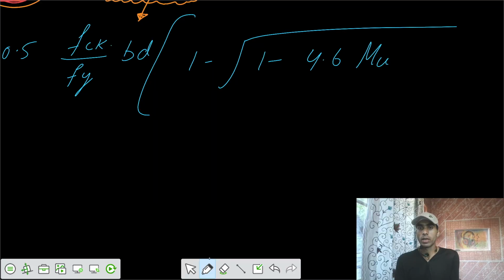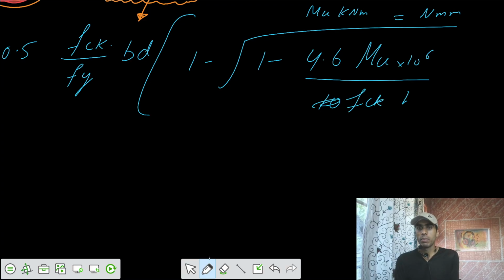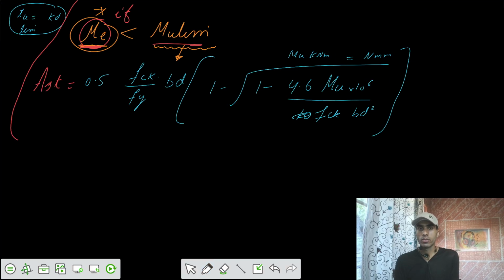We have to keep it in terms of 10 to the power 6. If Mu was in kilonewton meter, then we have to multiply by 10 to the power 6 so that it becomes newton millimeter, divided by fck b d square. This is our equation for Ast required.